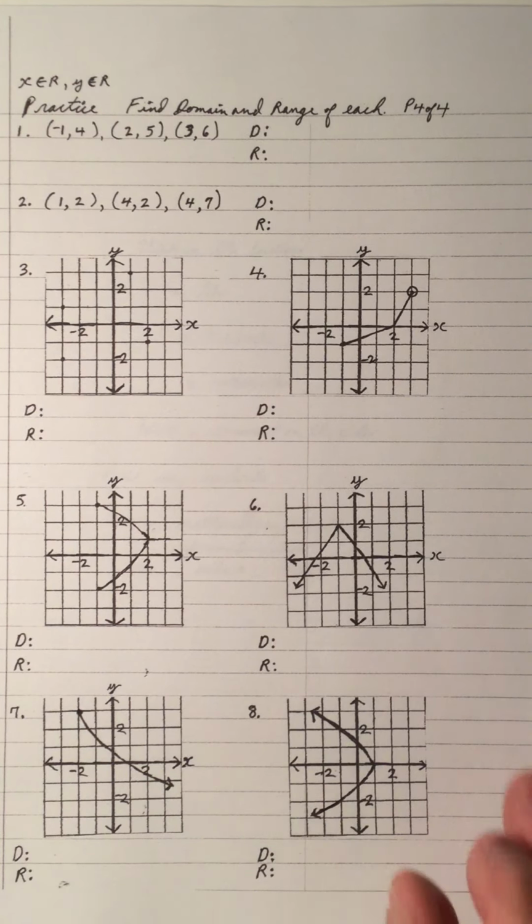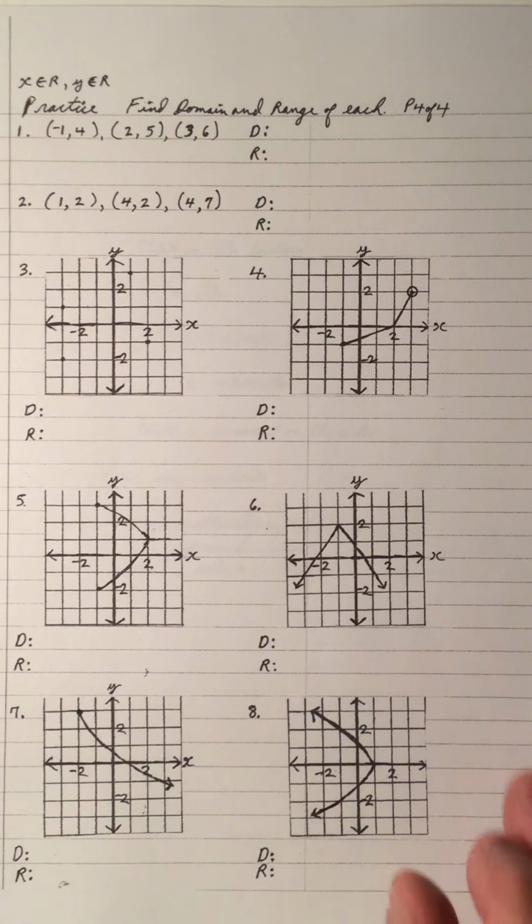X is in the middle, less than, and x is included, so it's a bracket. -2 is less than or equal to x, and 3 is a hollow dot, so we don't include it, it's not included. And the interval notation for that is -2 to 3 with a bracket and an open parenthesis. This bracket means it's included, this one means it's not included.